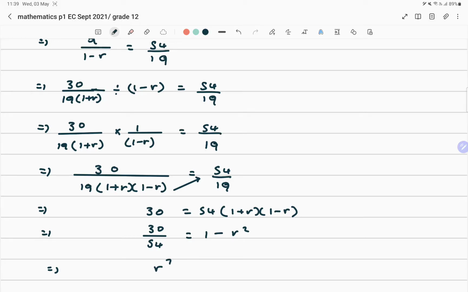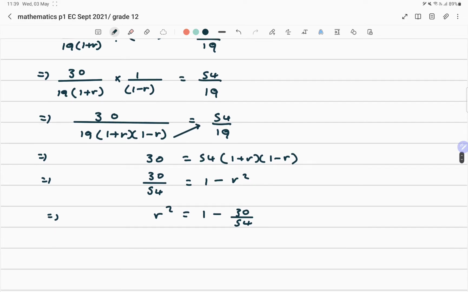This implies that r squared is equal to 1 minus 30 over 54. Okay, that's what this is going to be.